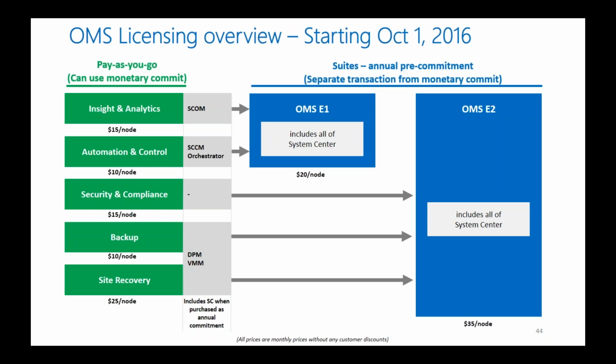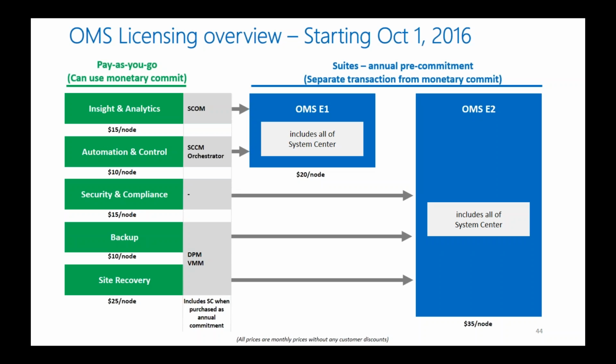Now, what's really cost effective here is with these new packages, OMS E1 and E2, where especially E2 is a great value because that is an annual commitment, but it's only $35 per node in retail. And from a retail perspective, you might pay less on your EA. That's the cost if you calculate, wow, if you just bought backup and site recovery by themselves, that's $35 per node.